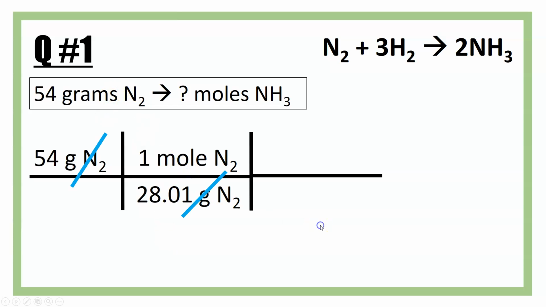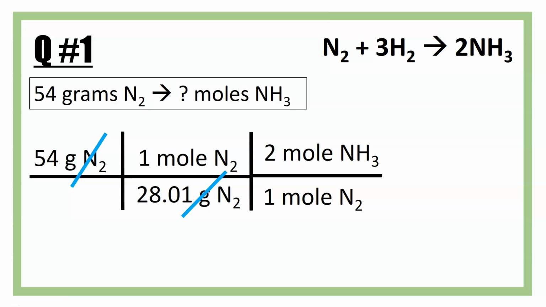Now my grams cancel, and right now I'm still at moles of A. I need to get to moles of B, so I'm going to need the mole ratio. I'm trying to find NH3, which is 2 moles, and it's a 2-to-1 ratio. 1 mole of nitrogen on the bottom, 2 moles of NH3 on the top.